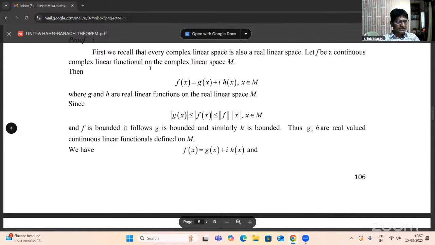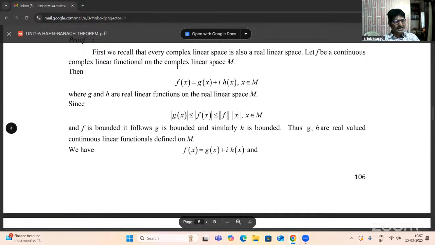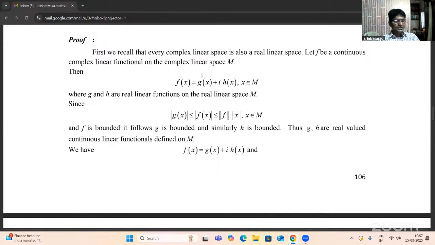Now that is the complex linear functional part. On the complex linear space capital M, f of x equals g of x plus i into h of x. The complex form is z equals x plus iy, so f of x equals g of x plus i into h of x.